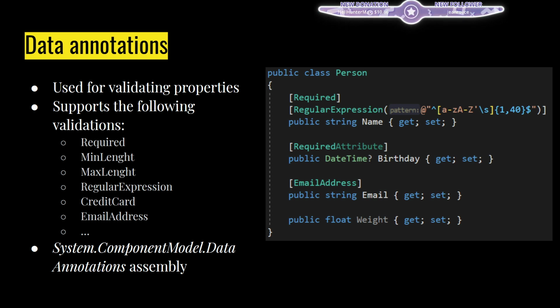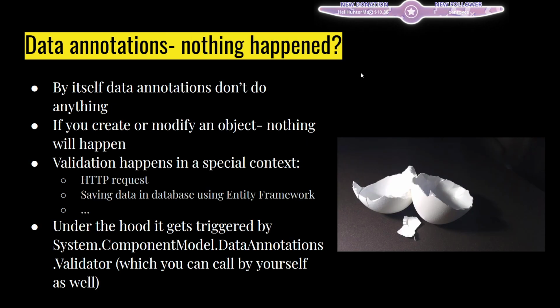And the context is, again, passing a boundary to, let's say, a controller, it will be validated then, or saving into a database using Entity Framework, it will be validated then, or submitting this to some web form, it will be validated as well. So a reminder, by itself, they don't do anything. And it depends on the context if it gets triggered or not.